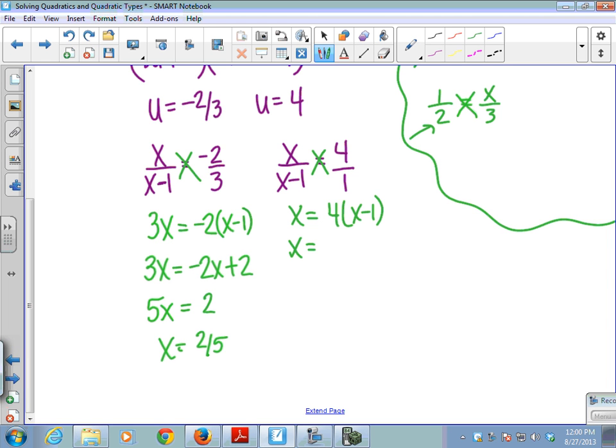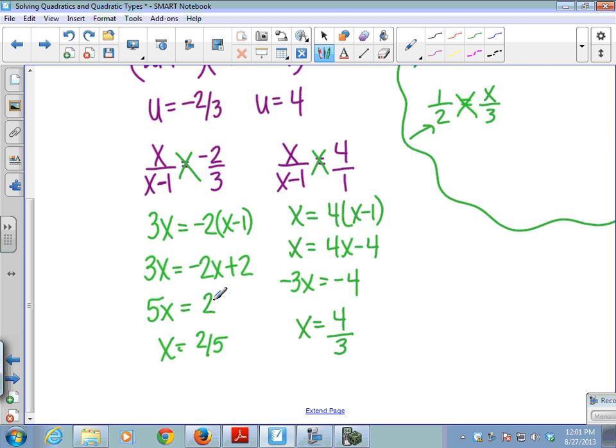When I distribute, that'll be 4x minus 4. And I'm going to combine like terms, so I'm going to subtract the 4x over. So that'll give me a negative 3x equals a negative 4. And so then x here, when I divide by negative 3, negative divided by negative is a positive 4/3.